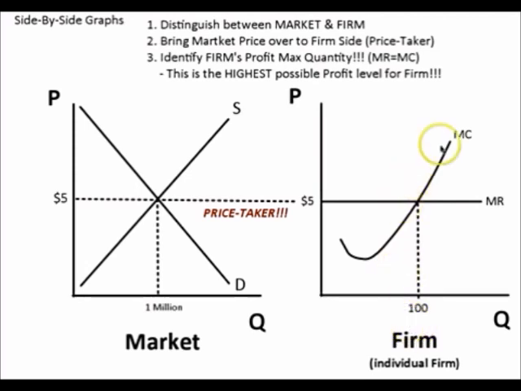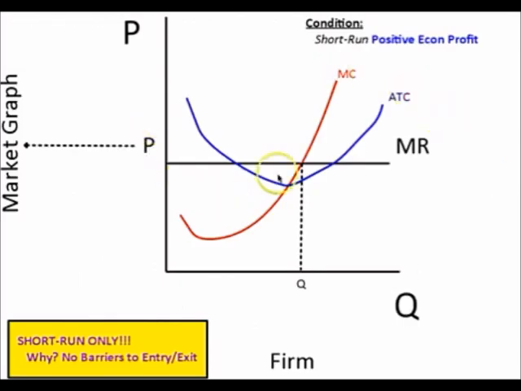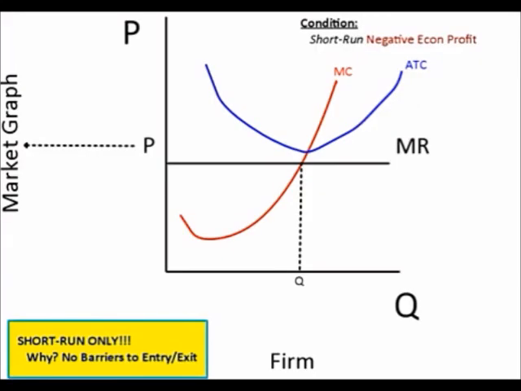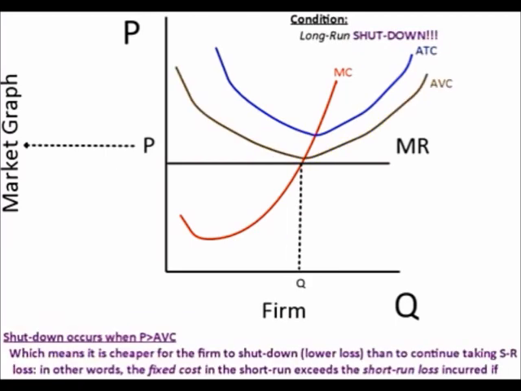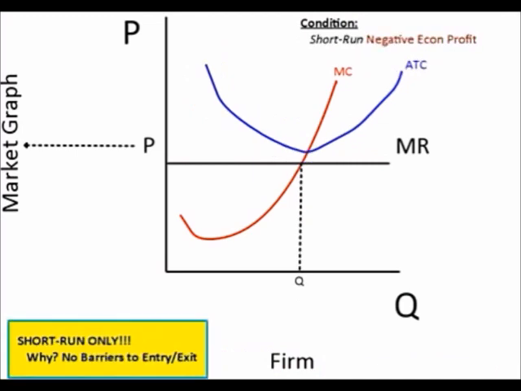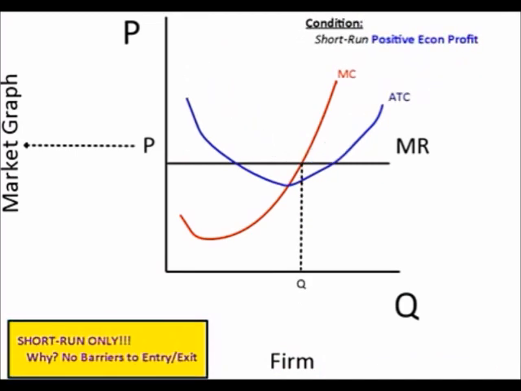We're going to assess the 4 conditions that exist. The conditions are positive economic profit, negative economic profit, 0 economic profit, and shutdown. Now, what I want you to notice is what's changing here, at least in the first 3, is the ATC.